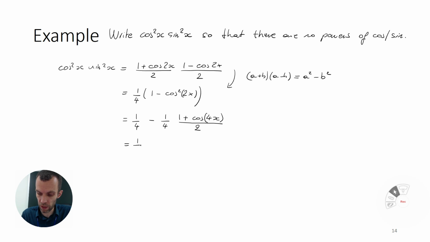So if we write this out now, we get 1/4 minus 1/8 minus 1/8 cosine 4x. 1/4 minus 1/8, that's 1/8. Or rather, let me write this directly as 1 minus cosine 4x divided by 8.